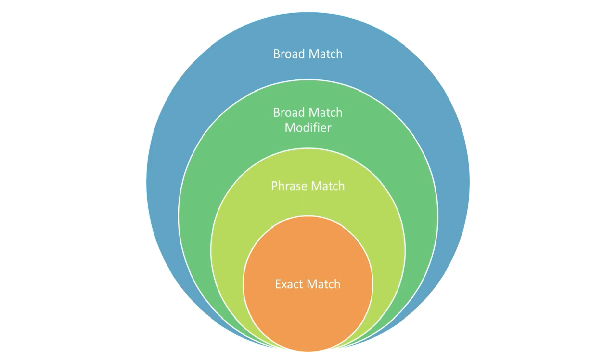You can see that the exact match is the narrowest, smallest, most precise, most powerful way that a product can be matched to a keyword. So for example, if you're selling a baseball cap and the A9 algorithm sees that somebody types in the word baseball cap, that would be an exact match if the algorithm recognizes that you're selling exactly that product.